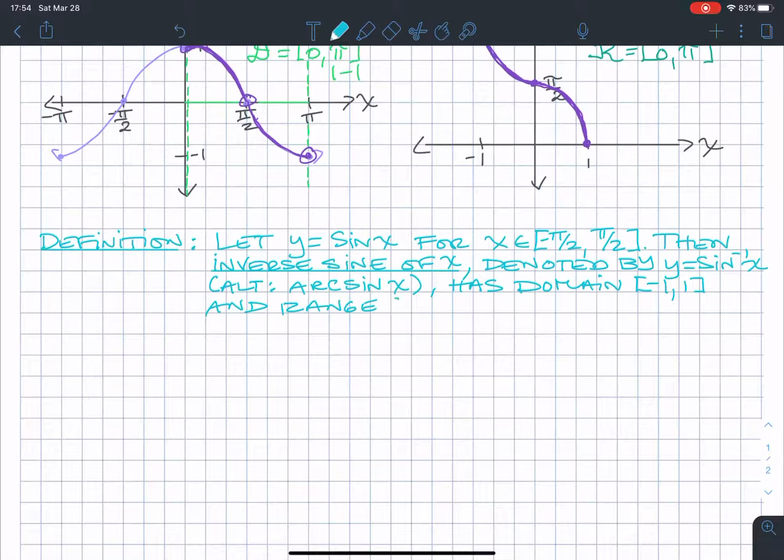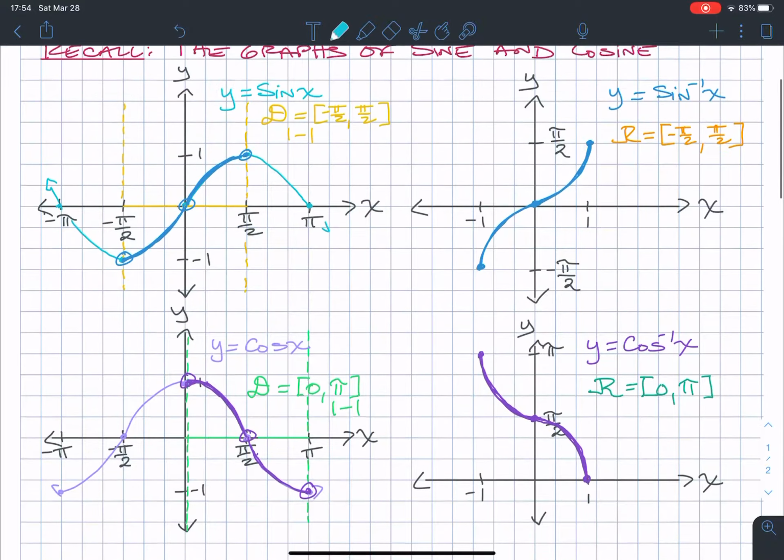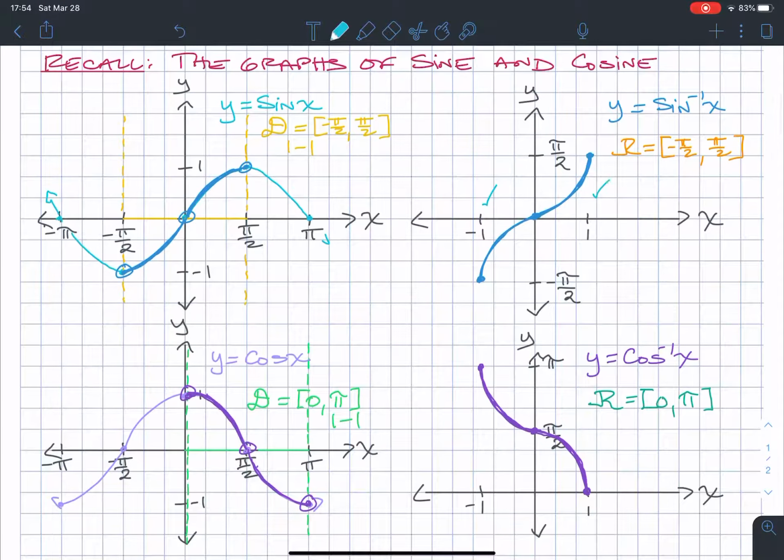Well, I know the range is the same as the restricted domain, -π/2 to π/2. But let's go back up and make sure that the domain of the inverse sine is indeed from -1 to 1. -1 to 1, check mark. Okay, good, we got it.